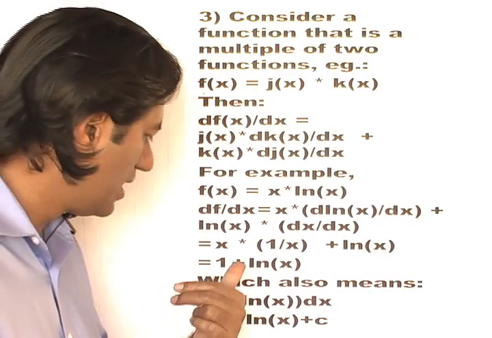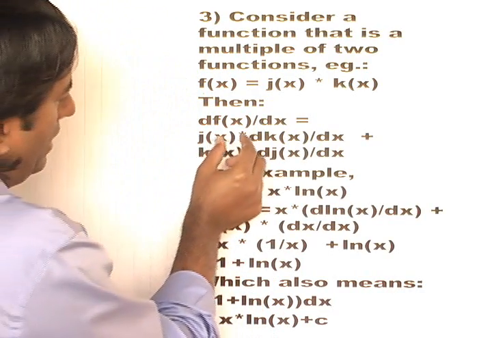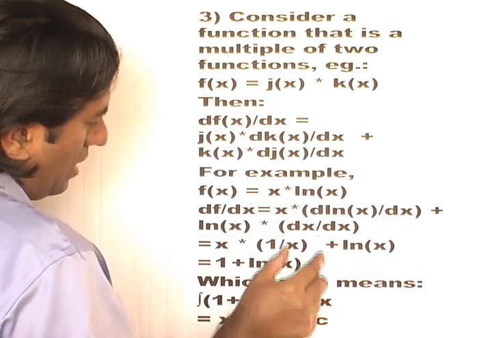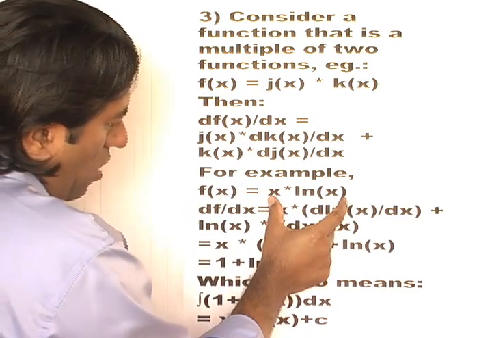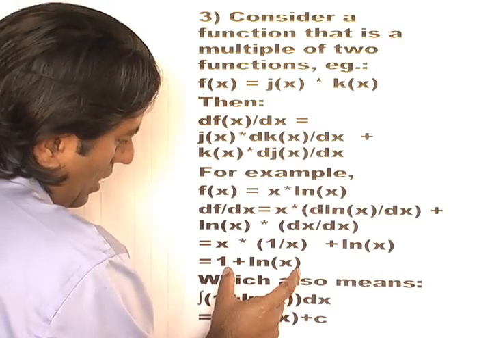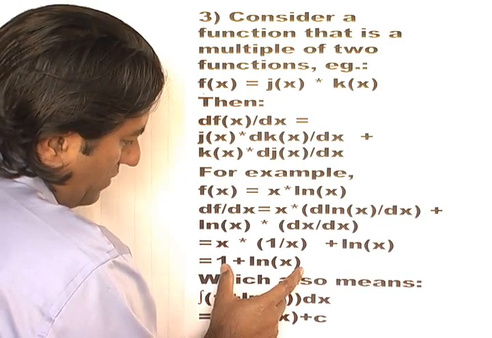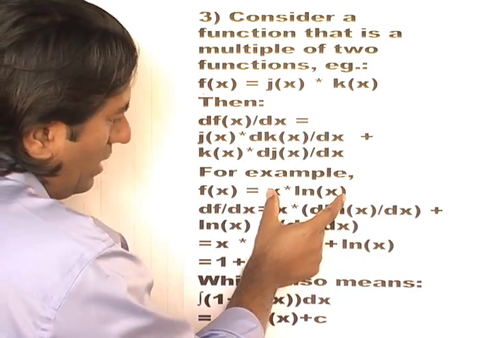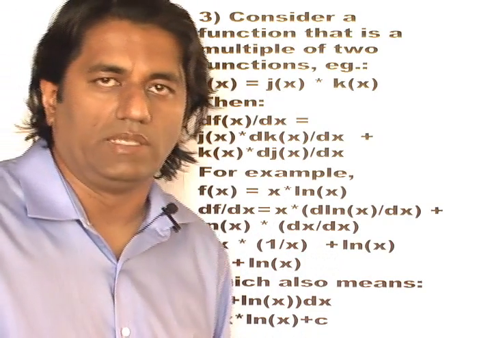So if you found that the derivative of this x log x equaled 1 plus log x, then the integral of this will equal this plus a constant c.